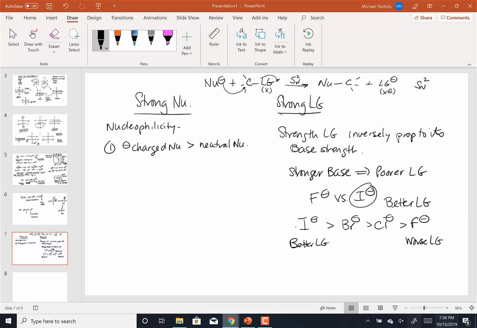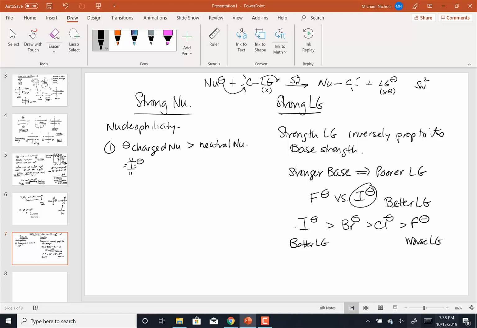So if I take my I minus, it has lone pairs to donate because it has 4 lone pairs. The I minus can then donate the lone pairs and act as a nucleophile.